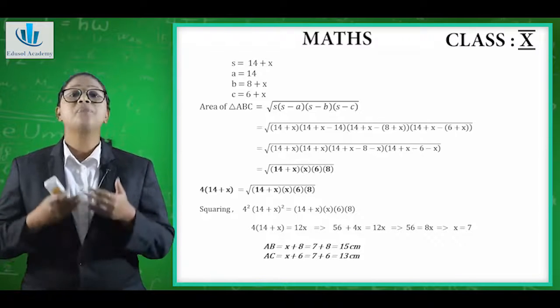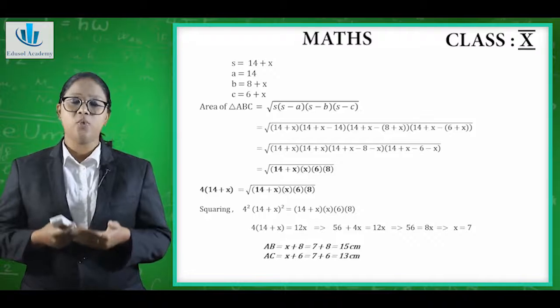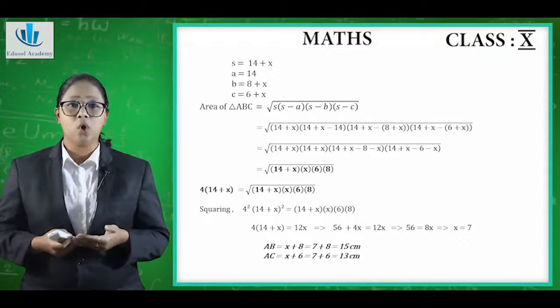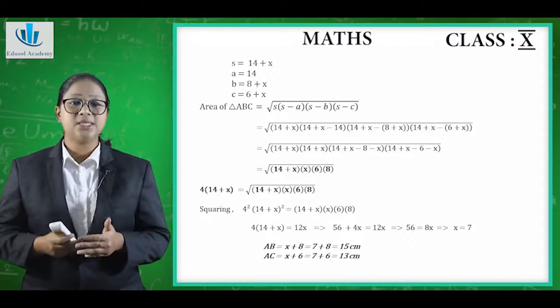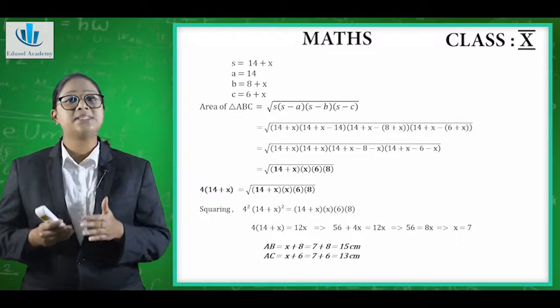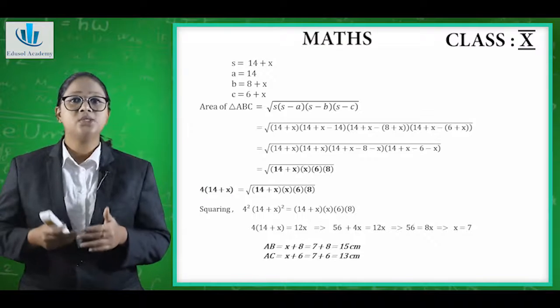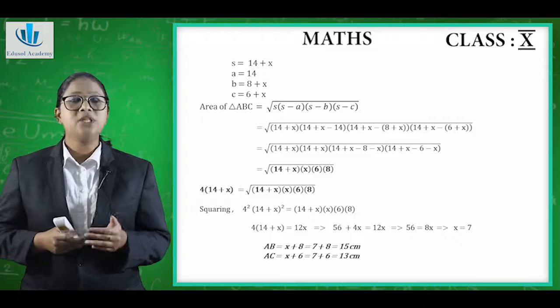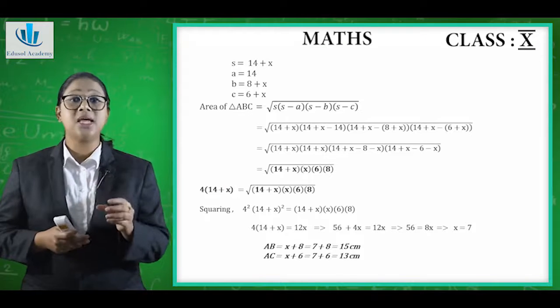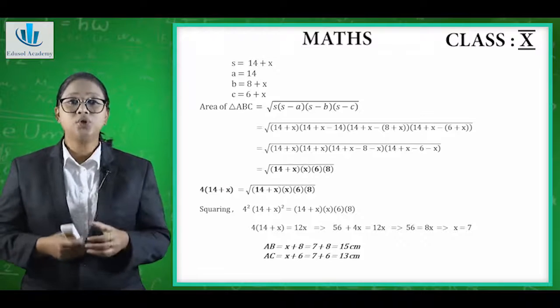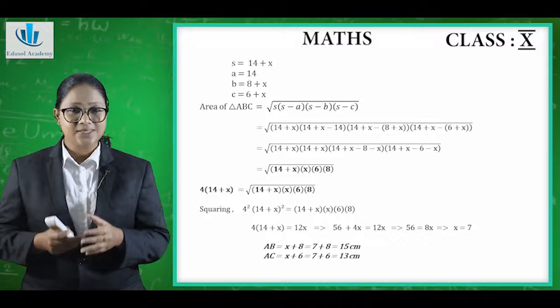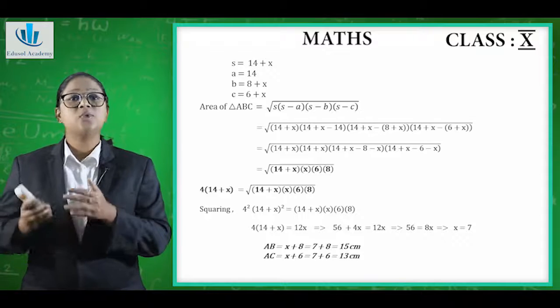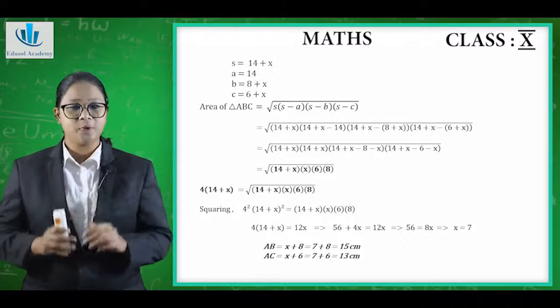So area of triangle ABC is equal to square root of 14 plus x into 14 plus x minus 8 plus x into 14 plus x minus 6 plus x. So upon cancellation, we can reduce that equation into root of 14 plus x into 6 into 8. Let's pause there.